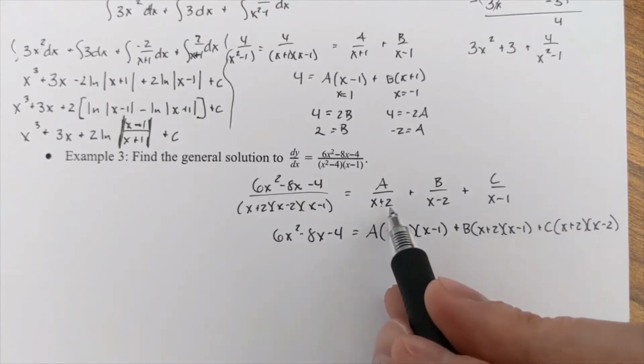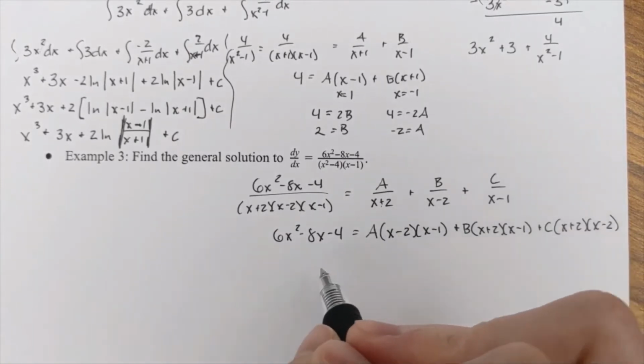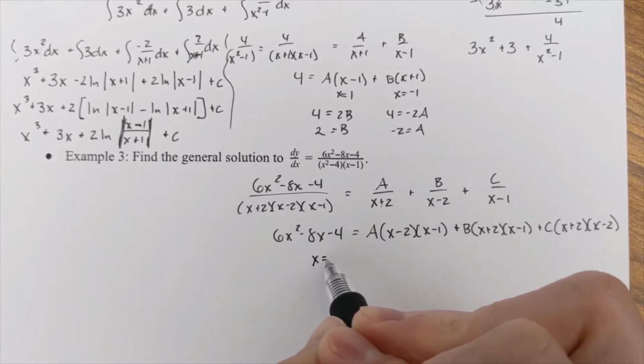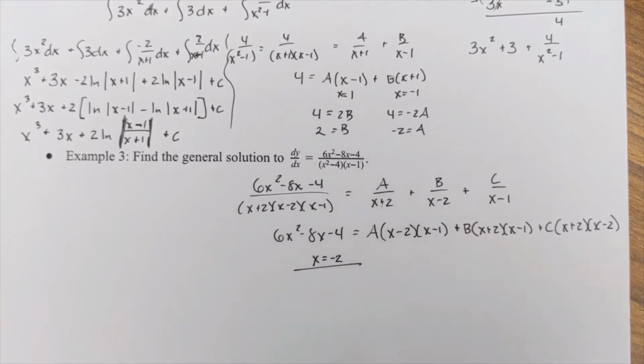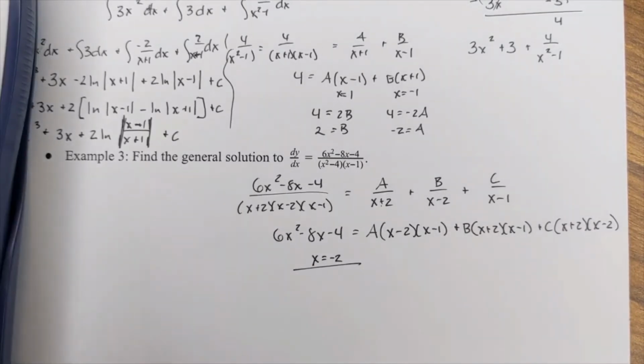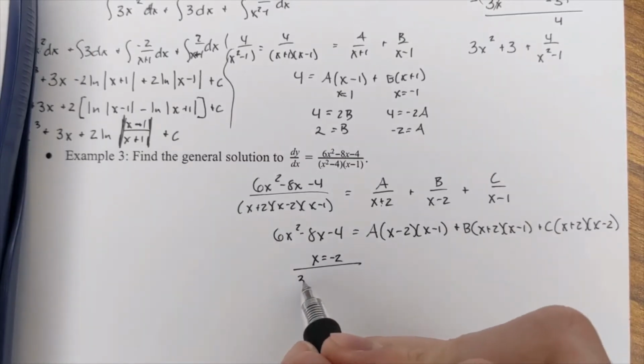So if x is equal to negative 2, we'll figure out what this guy is. That's 6 times 4 minus 8 times negative 2 minus 4, so that's 36.